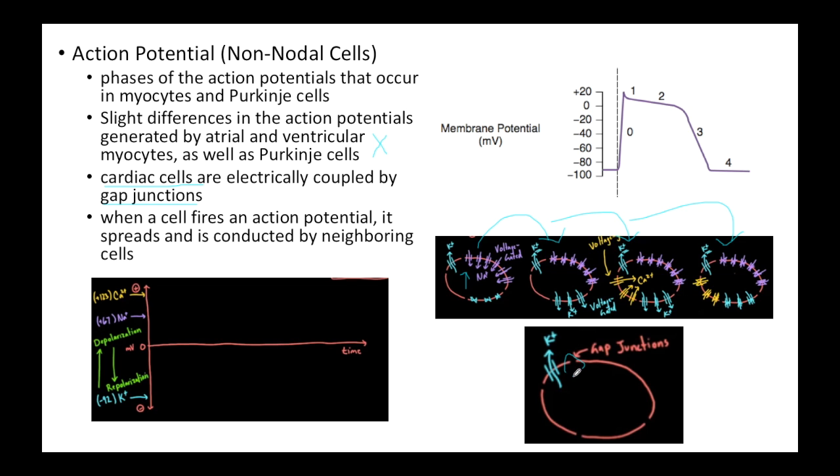And there we have our gap junctions. In the next few slides, we're going to go through this action potential for our non-nodal cells, going through phases 0 through 4 and following along with our diagram as we go along.